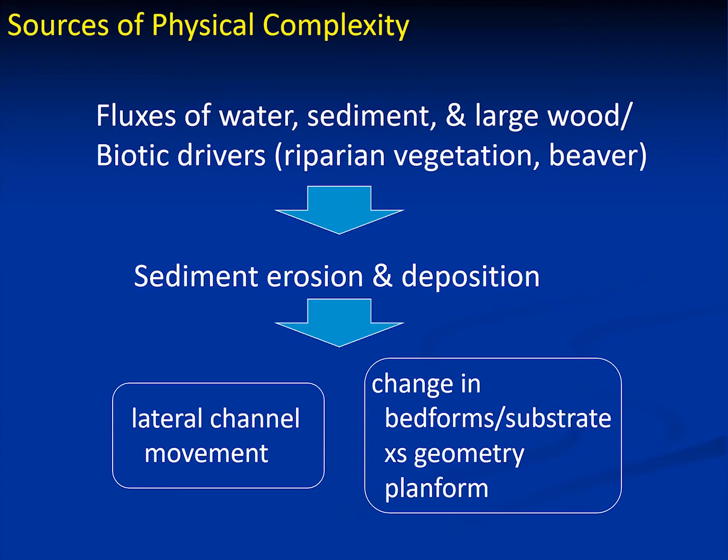And a lot of that erosion and deposition occurs in association with lateral channel movement, whether it's gradual migration or avulsion, and both temporal and spatial changes in the bed forms in the channel, or the substrate characteristics, the cross-sectional geometry, and the plan form of the channel. So these are basically the geomorphic processes that create physical complexity.